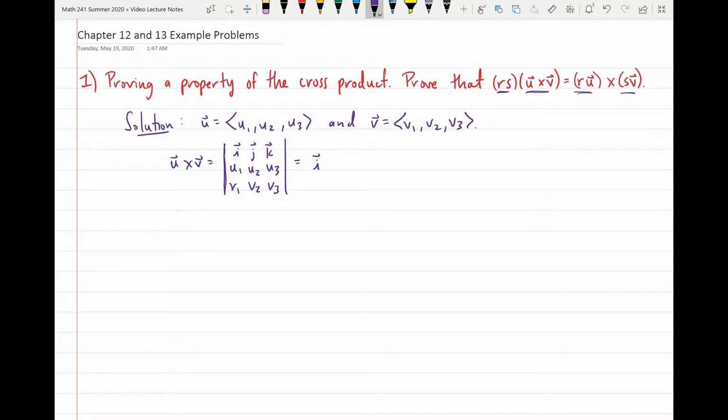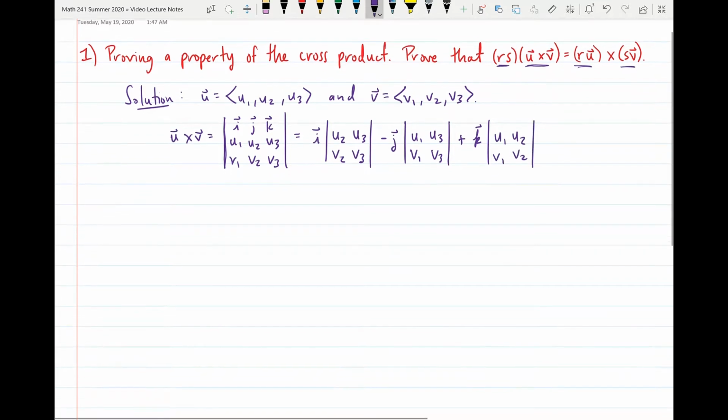We get i multiplied by the determinant of u2, u3, v2, and v3 minus j times the determinant of u1, u3, v1, v3 plus k times the determinant of u1, u2, v1, and v2.